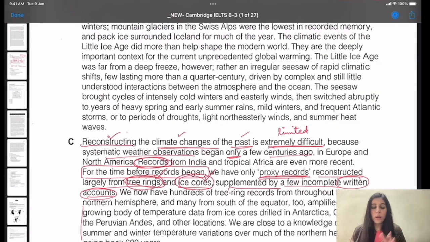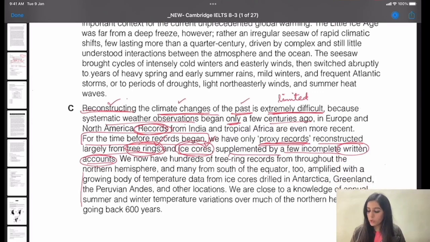So how did we come to these answers? We basically first figured out the paragraph, which was easy to do from these keywords. It is exactly the same, or it's the paraphrased version of the first sentence of the summary question. Then we looked for the keywords. They're talking about time before records began, so in the distant past.